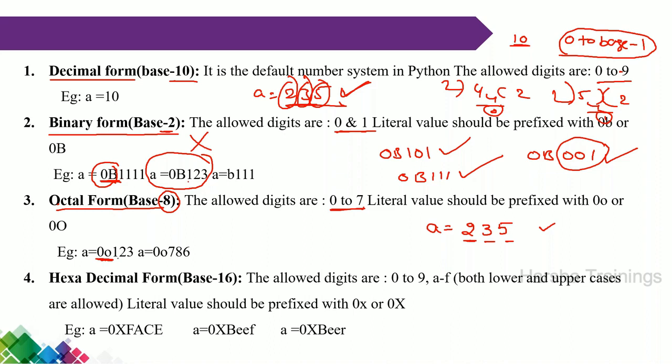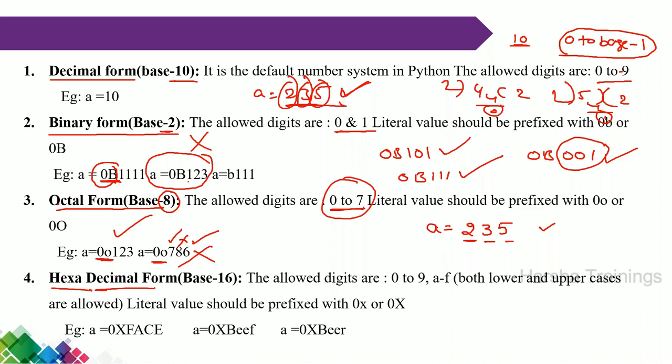So 0o123, this is an octal number. Suppose it is only prefixed with 0, it is not an octal number. You have to check the digits also. Digit 7 is okay, digit 6 is okay, but digit 8 is not possible. Only allowed digits are 0 to 7. So this is invalid. You got it?